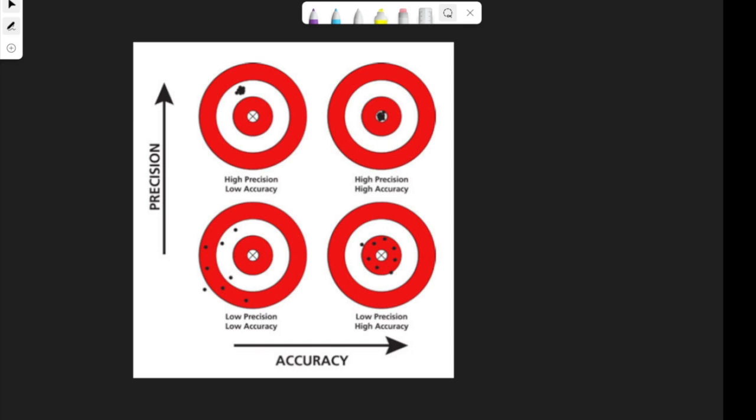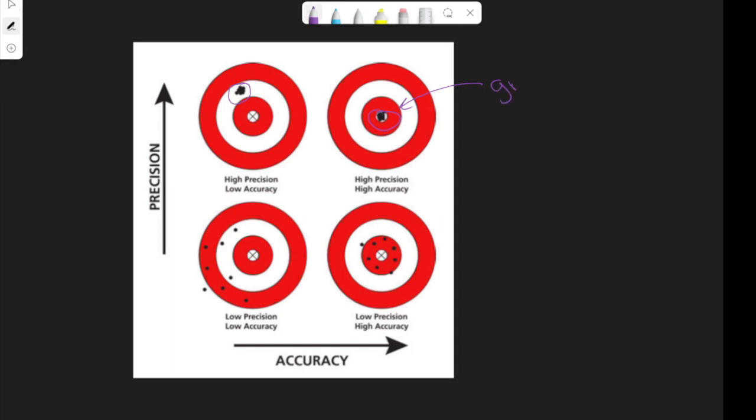What's on the screen is something that is often seen when talking about things that are accurate and precise. If we think of this as a bullseye and think of each one of the black dots as an arrow or a dart that is thrown, we can get a good visualization for what accuracy and precision are. Notice that when precision is high, we have our different trials grouped together.